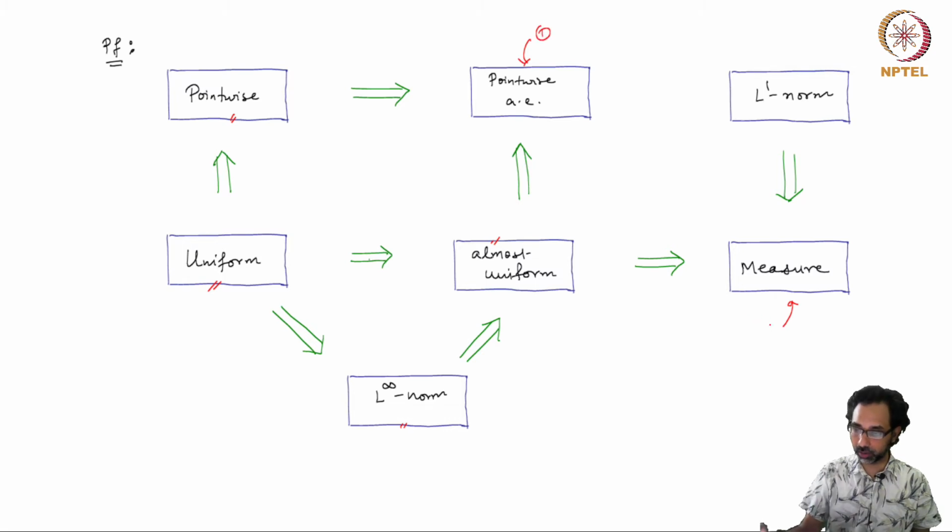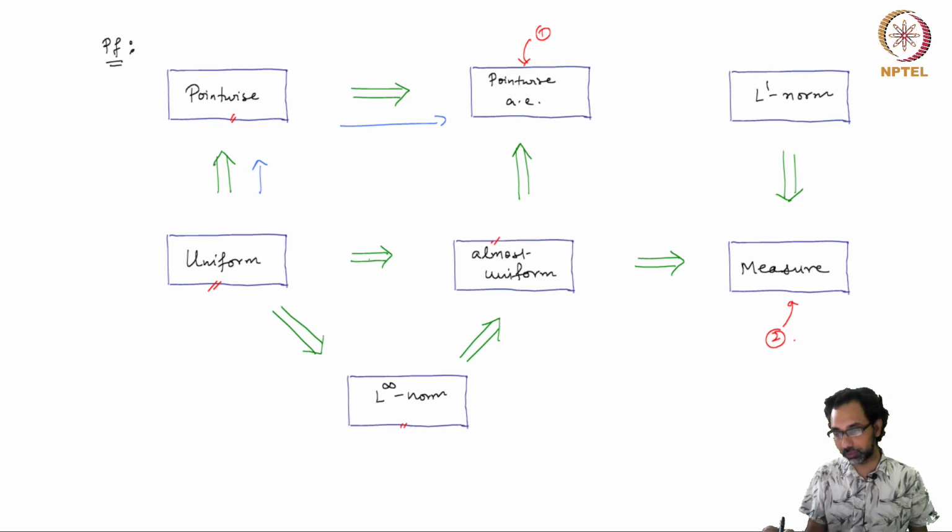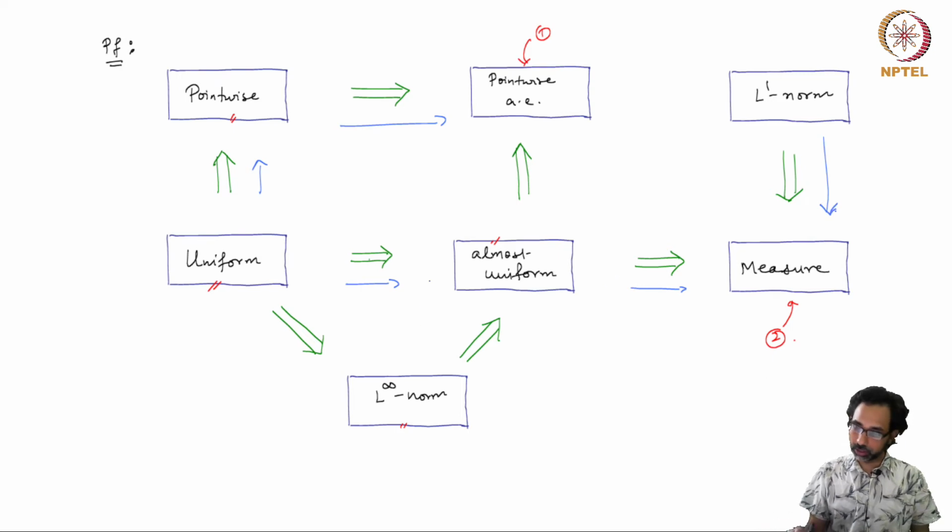So either 1 or 2. So for example, if you start with uniform, you can go to pointwise and then to pointwise almost everywhere. Similarly, you can also go this way and end up in measure convergence. If you start with L1, you end up in measure convergence, and so on. Because these arrows are not invertible in general, we cannot go backwards. So it's either pointwise almost everywhere or convergence in measure.